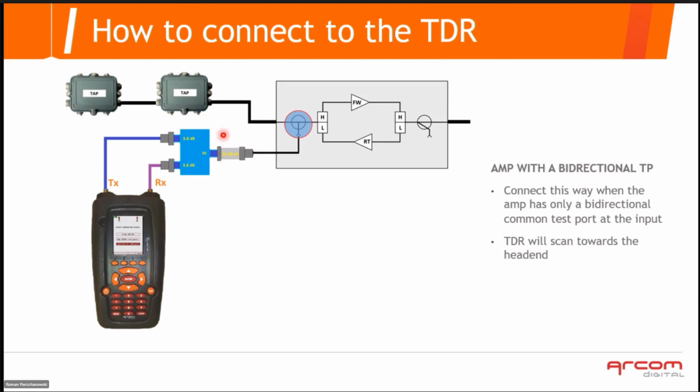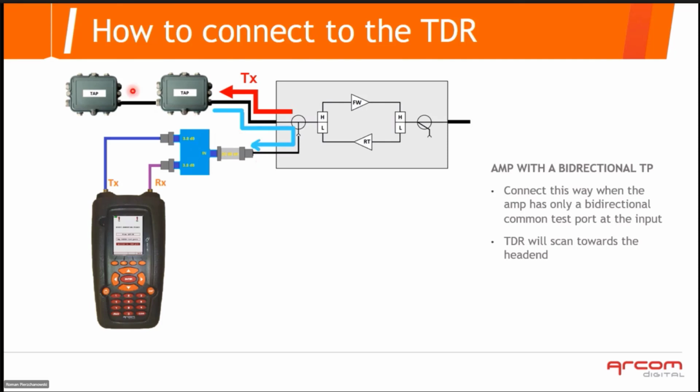Please don't lose it. It has specially selected parameters with isolation between these 2 ports that is necessary for proper measurements. So use this, connect, and scan. You will see everything what is before this amplifier.